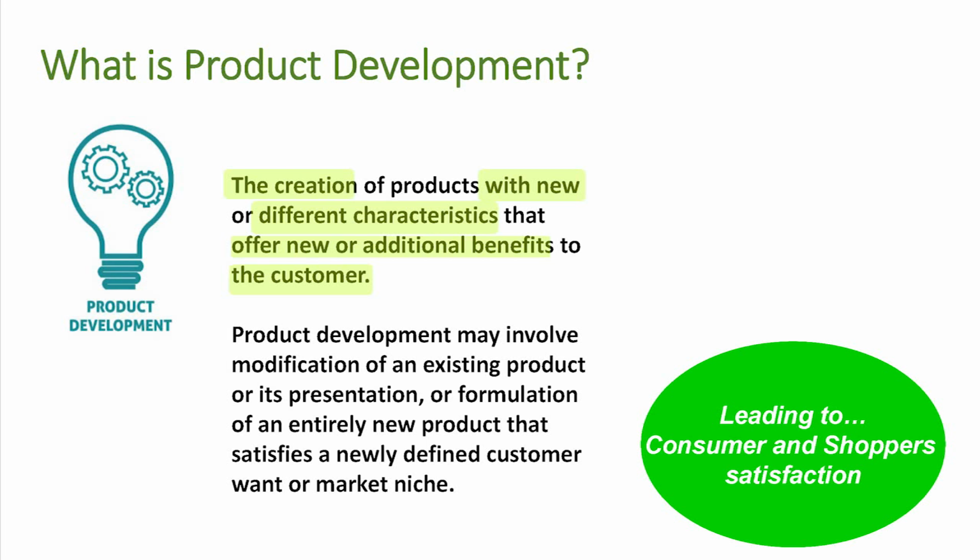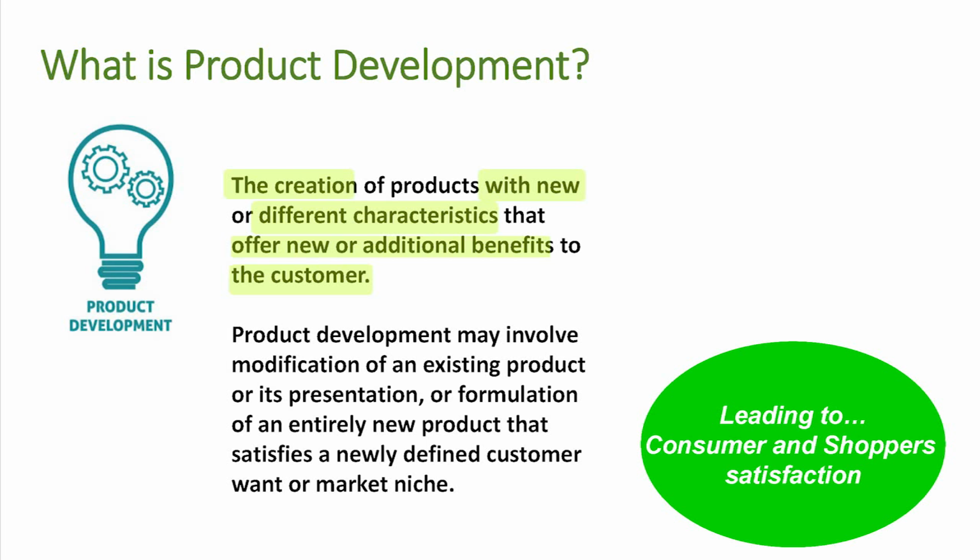Product development is the creation of products with new or different characteristics that offer new or additional benefits to the customer. Okay? Now, this is a lot of English, but when we break it down, the first thing you see is that we are talking about creation.